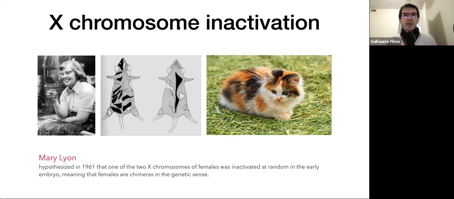Okay, and so if that happens early in the embryo, that will create a patch of cells that has one chromosome active that would give a certain fur color, and another patch of cells that has the other X active that gives another fur color. So when the animal grows, you're going to have patches of different color because it really depends on which of the two X chromosomes was inactivated.